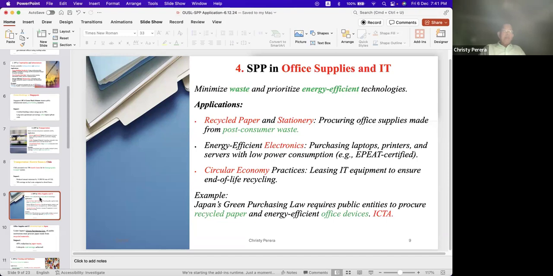Paper recycling, actually from 15, 20 years back we also recycled paper at the Valachchena paper factory and the Ambilipitiya paper factory. Now both are closed because of the efficiency of our politicians and our government. Procuring office supplies made from post-consumer waste.